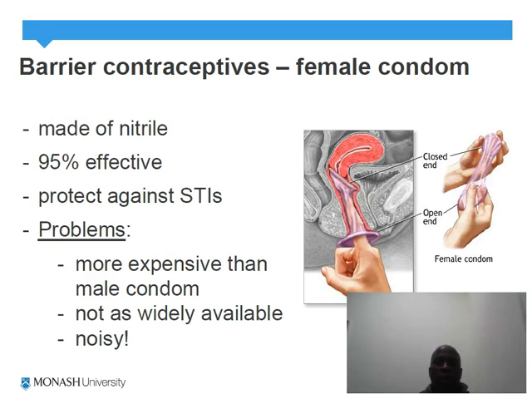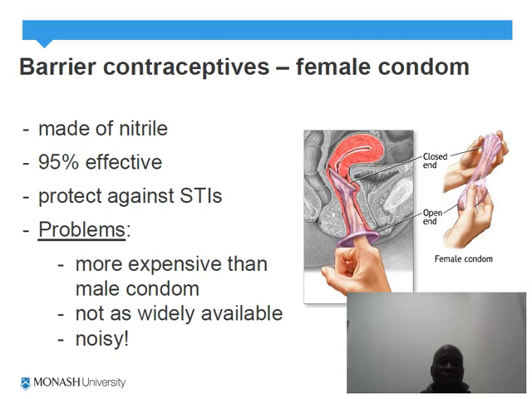Okay. Then let's look at the female condom. There is a female condom made from nitrile, and the female condom is not very common. It's 95% effective.